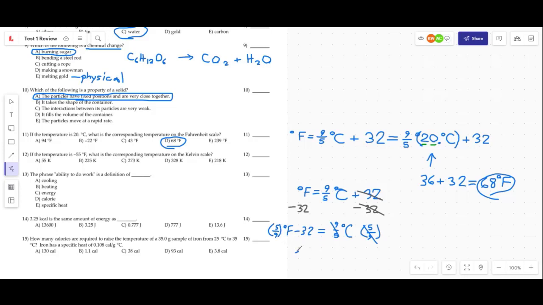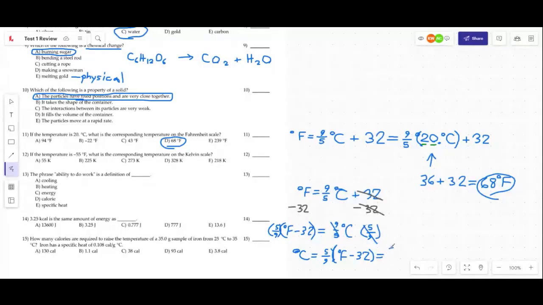So that gives me the equation: degrees Celsius is equal to 5/9 times the whole thing, degrees Fahrenheit minus 32.